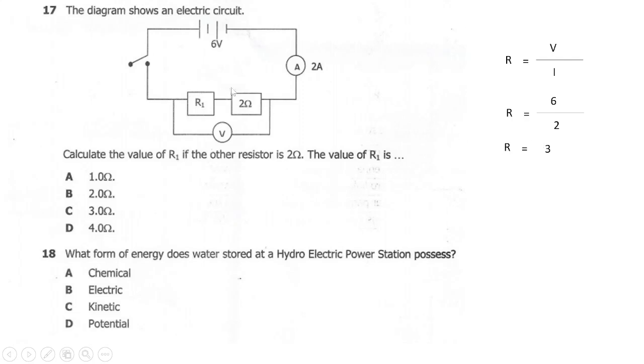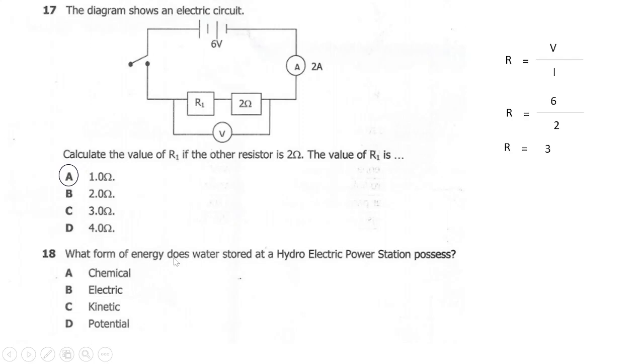Now since these two are in series, total resistance is when you add this and this, and they should give you 3. Now, what number should we add to 2 in order to get 3? It's 1. So our resistor R1 is 1.0 ohm.